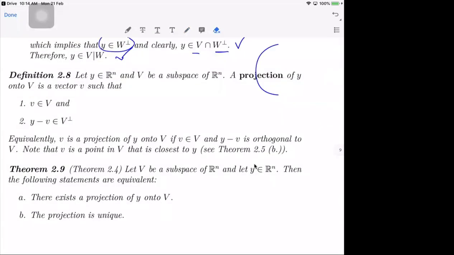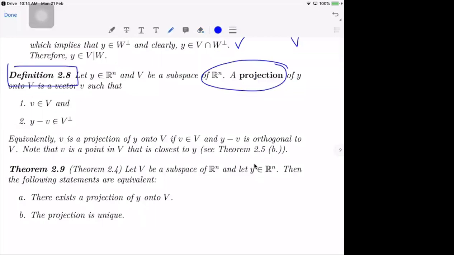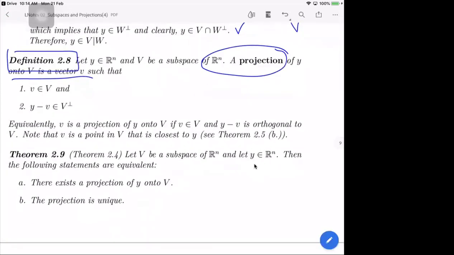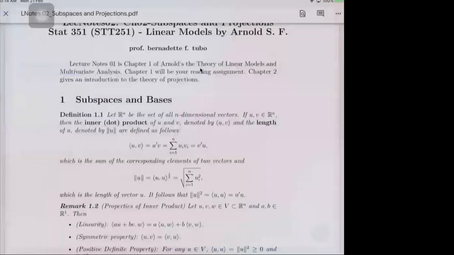So you should be familiar with it. Okay. We will start next meeting with the projection of y onto V. This topic also should be mastered by you and understood clearly. Okay? So, do you have questions?